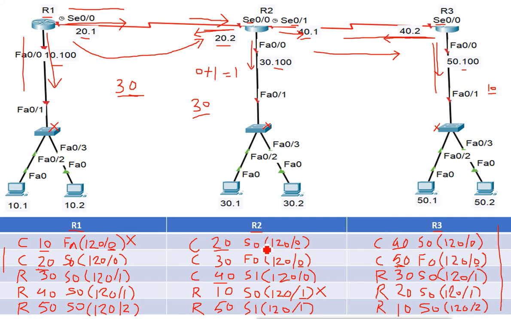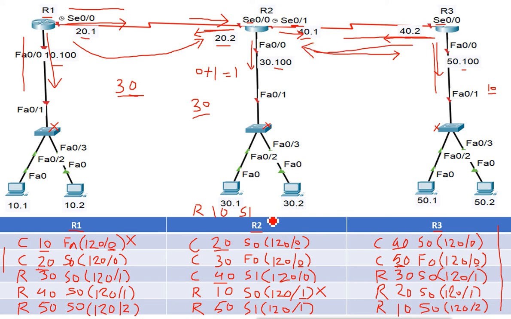It is not in the routing table of router 2, so router 2 will do what? It will create a new entry: I know from RIP that network 10 is available, and it is available from this interface. Remember this interface, that means Serial 0/1, because the information is coming from the router 3 side.